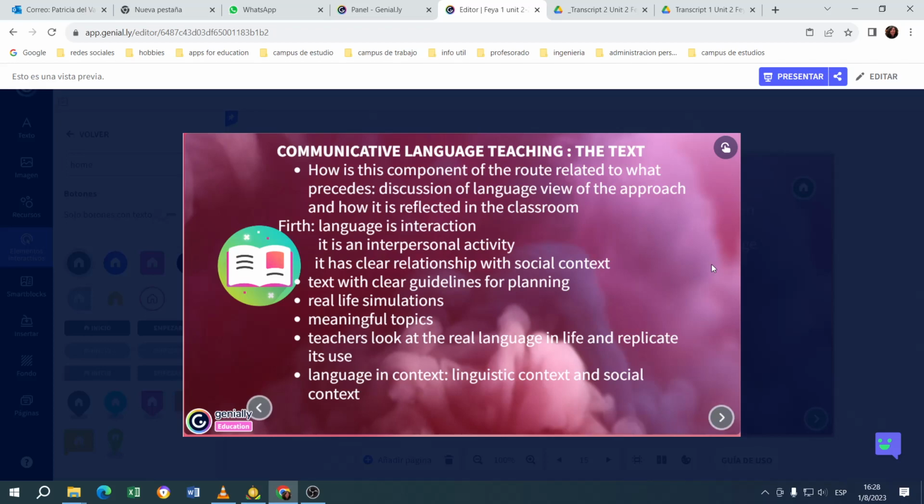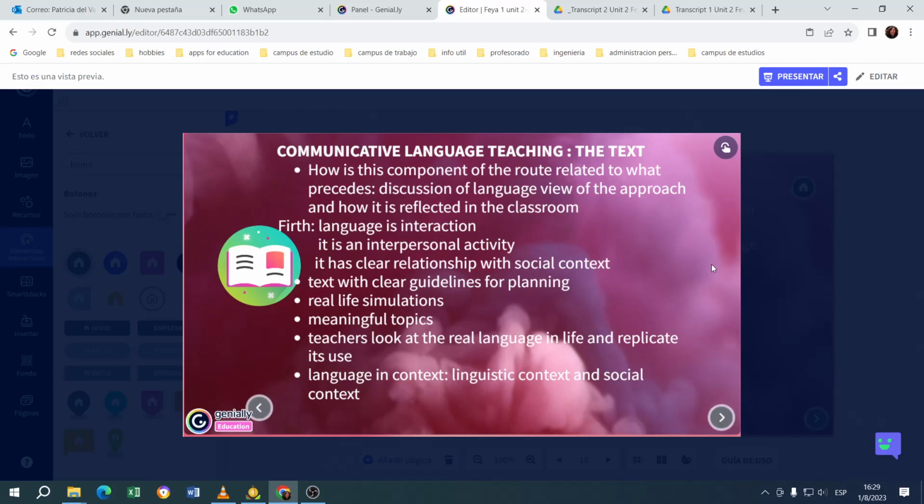Well, the very beginning of the article focuses on language view. This is what we are discussing so far, right? And we have a definition by Firth who states that language is interaction. This is a definition of language. He also says that it is an interpersonal activity and it has clear connection with social context.